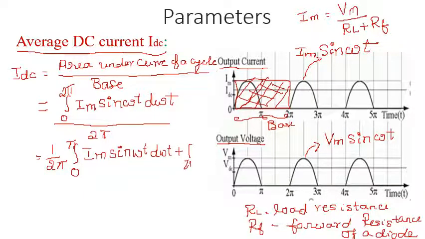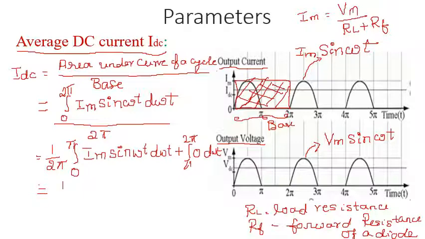Next, from pi to 2 pi it is 0, because I am not getting any waveform. Only from 0 to pi I will get a waveform, and from pi to 2 pi the output is 0.